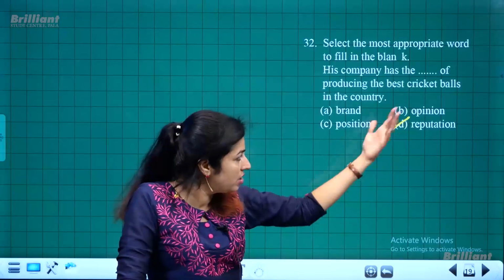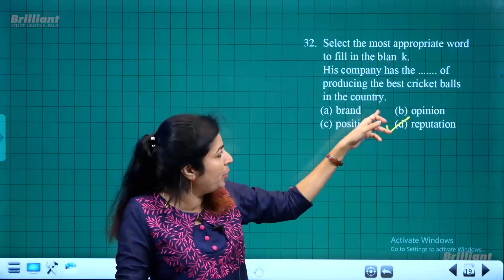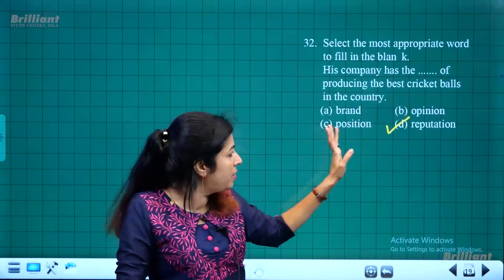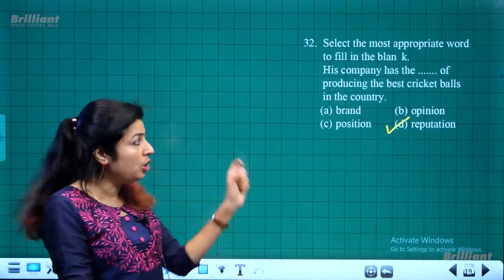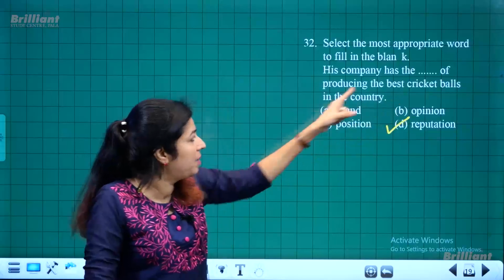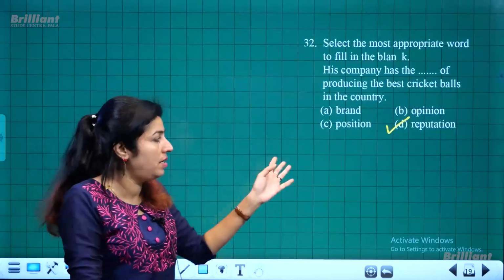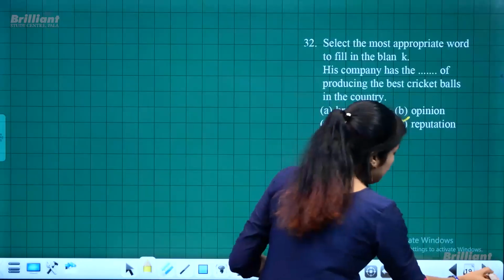You try to match it with other options. His company has a brand of producing, no. Opinion of producing, no. Position of producing, no. But reputation. That good name or fame because it produces the best cricket ball. So it's famous, it's reputed. So reputation is the exact word with which you can fill this up.